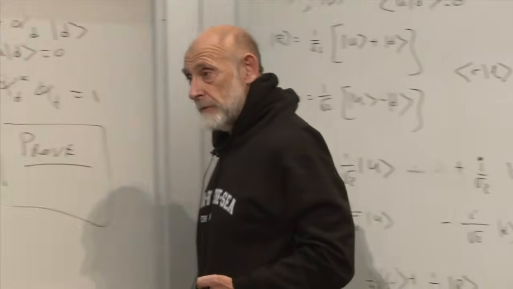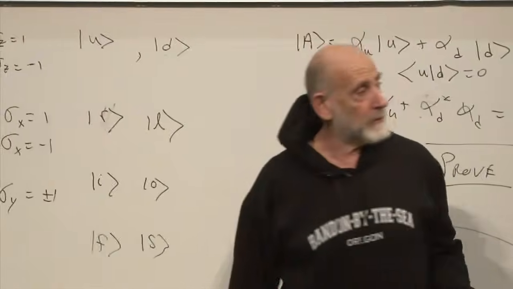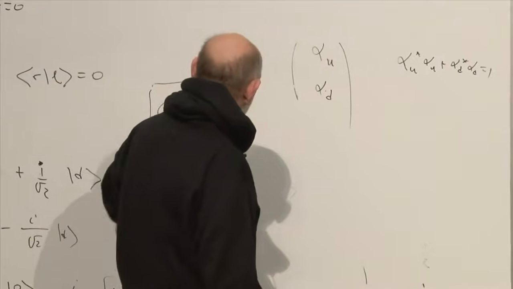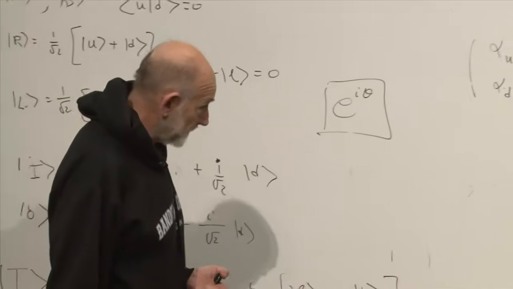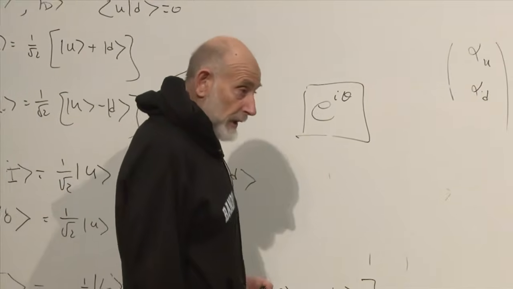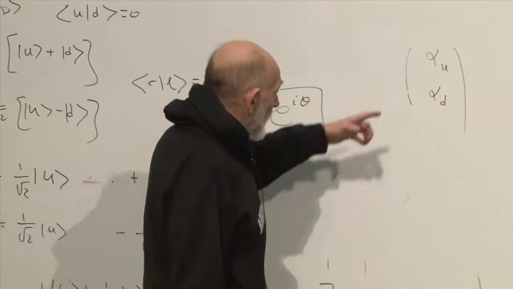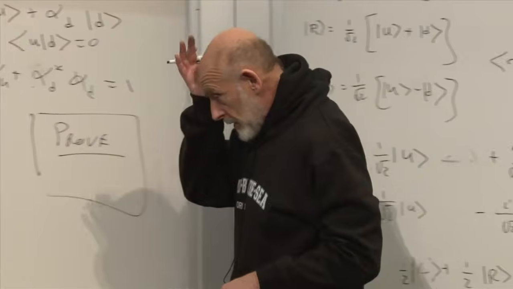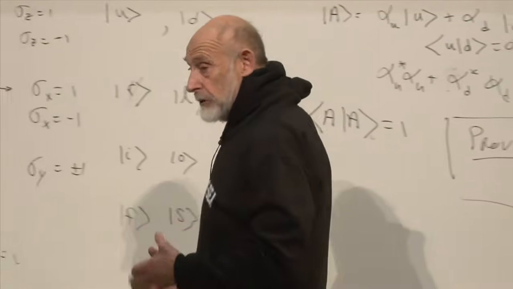Another one doesn't count because the overall phase, if we were to multiply everything by the same phase factor, doesn't change the nature of the state. So two of those four parameters are irrelevant to the physical character of the state.